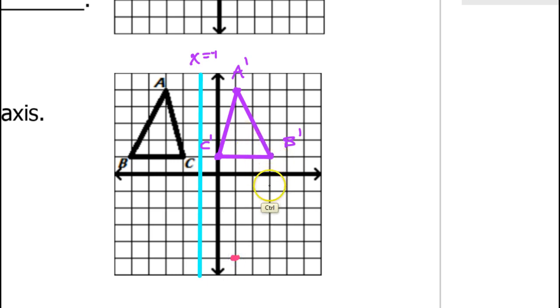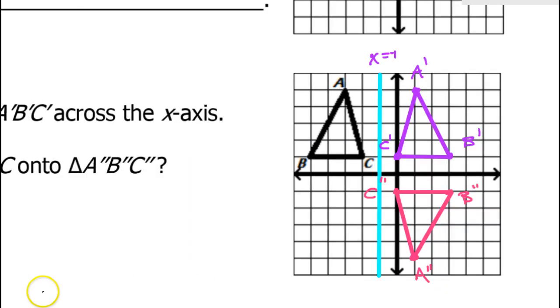B prime is 1 unit above, so I'll go 1 below. C prime is 1 unit above, so I'm going to go 1 below. And this should be A double prime, B double prime, and C double prime. So this is the image after that second reflection. So we went from here to here to here.